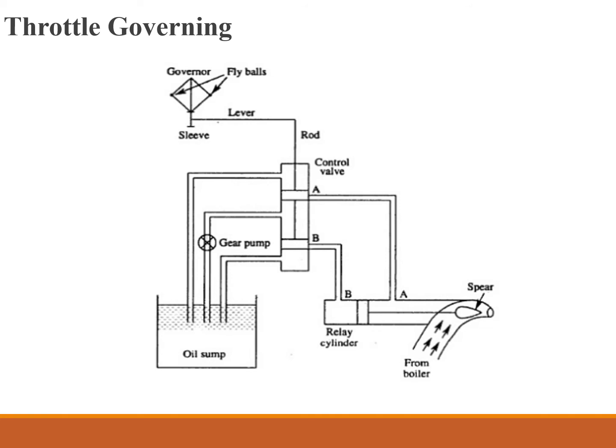Now the oil under pressure will rush from the control valve to the right side of the piston in the relay cylinder through pipe A. This will move the piston and spear towards the left, which will open more area of the nozzle. As a result, the steam flow rate into the turbine increases, which in turn brings the speed of the turbine back to the normal range.